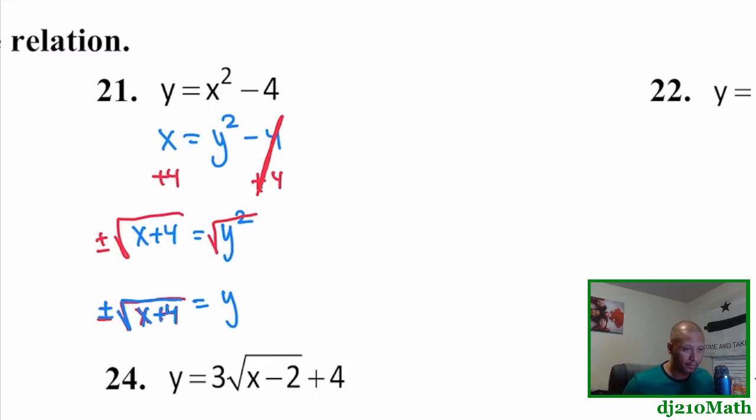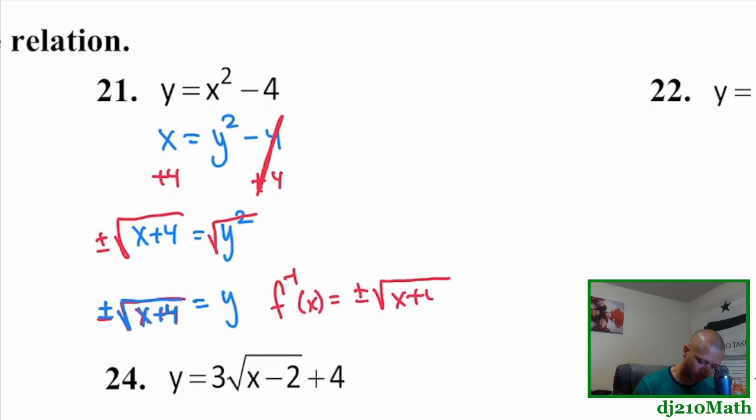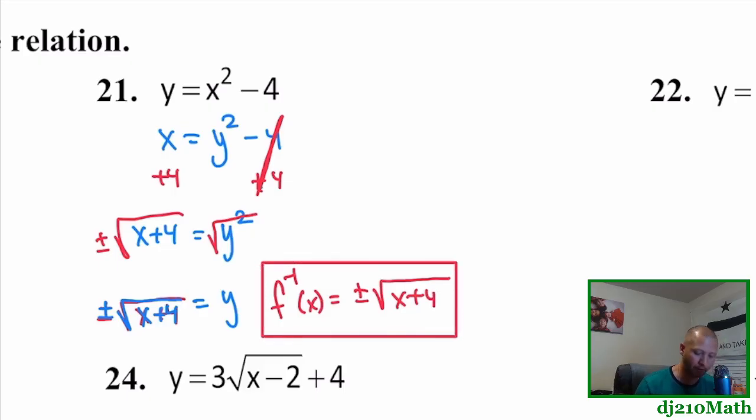All right. Last step. F inverse of x is equal to plus or minus the square root of x plus 4. All I did was change y back to f inverse. That's the final step.